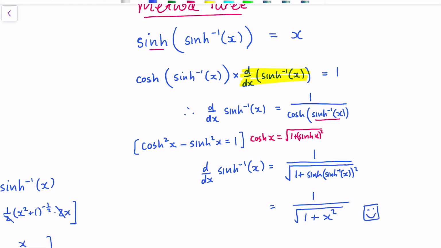Okay, that was a little bit subtle there what I did, but look, I used the identity to write cosh in terms of sinh, and then instead of cosh of x I wrote cosh of sinh inverse of x. So I've replaced this x in here with that, and then those are inverse functions, so I get x. How cool. Apologies for the long video, but hopefully you've learnt heaps, and we'll see you next time.